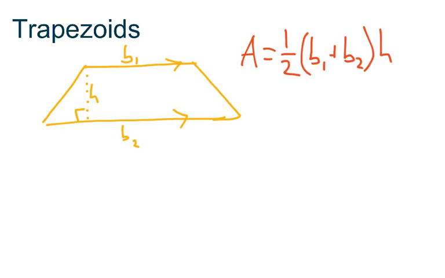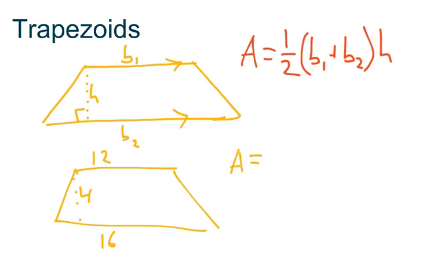So, taking a look at an example, let's say we had a trapezoid. One of its bases was 16, the other 12, and let's call its height 4. So the area is going to equal 1/2, and we have to add 12 plus 16, times 4.